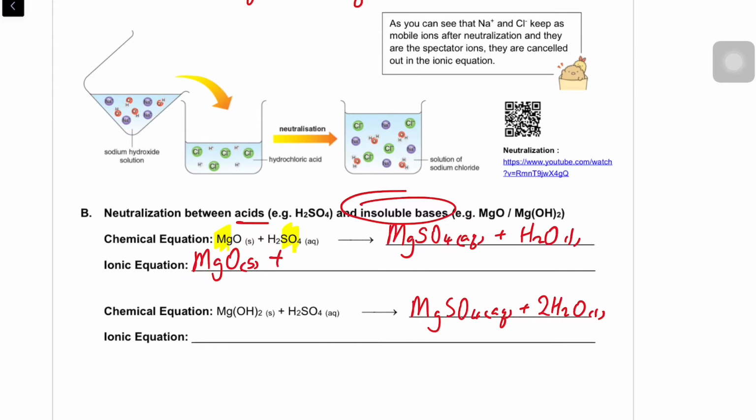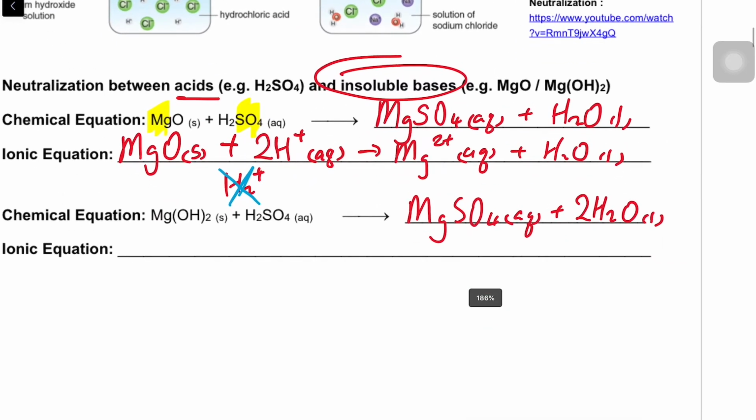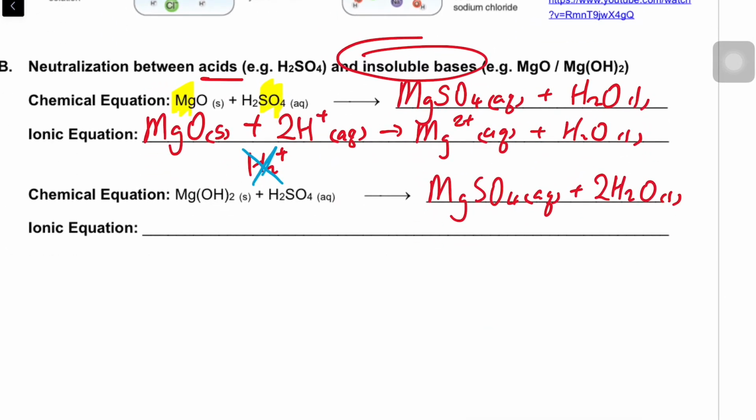But the sulfate ion can be cancelled out. So don't write anything like this. We don't have something like this. The magnesium ion is kept, and H2O. So you can see we balance the equation again here. And how about the second one?